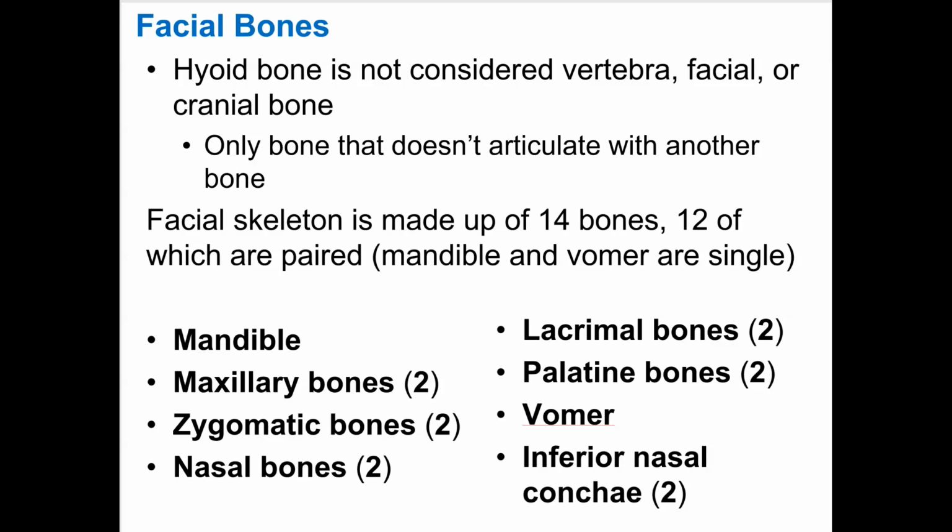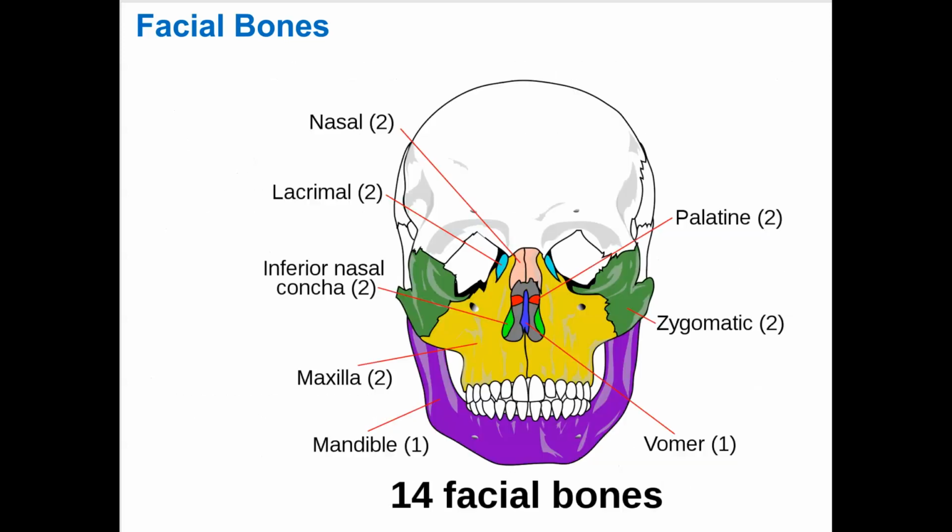The facial bones, and there are 14 of these, make up the face. One of the bones that you can't see in this picture is called the hyoid bone, and the hyoid bone kind of hides back here behind the mandible.